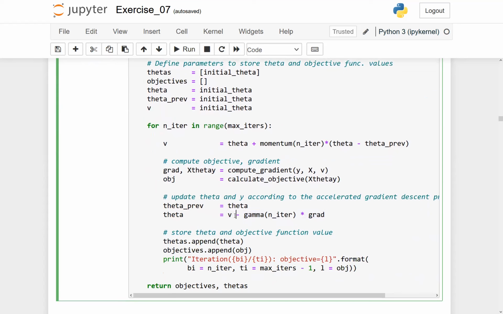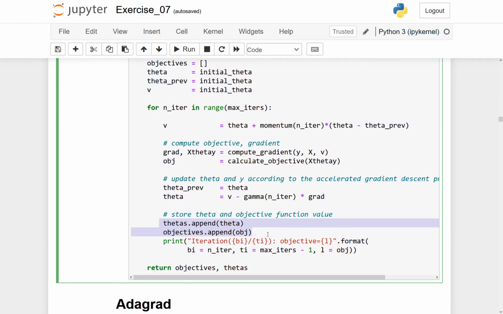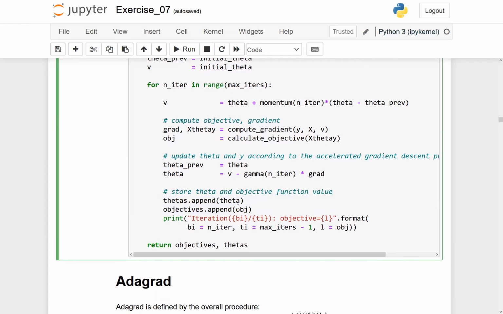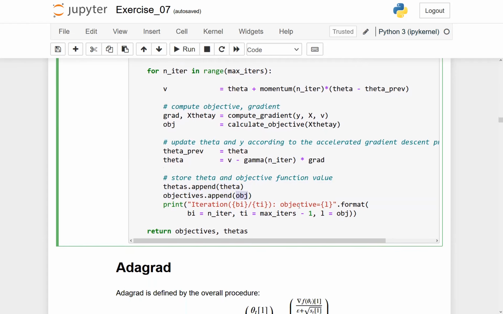If the momentum function is the 0 function, the v is a theta, and this is then exactly the same as doing a plain gradient descent. We collect the thetas, store and collect the objective values, and give a print here to see what is going on.